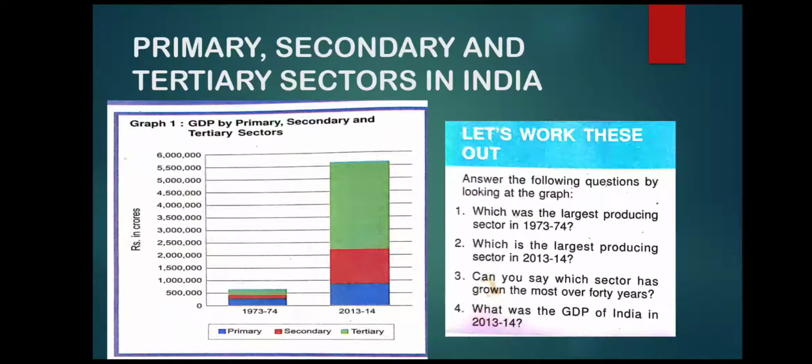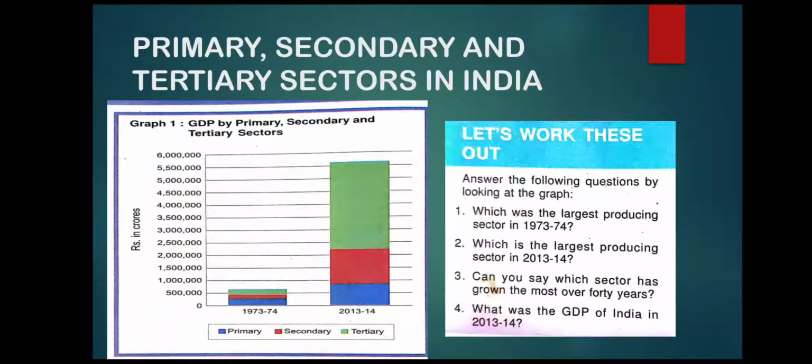So over here this graph 1 is showing the GDP over a period of time, and as we can see, primary sector is denoted by blue color, secondary sector is denoted by red and tertiary is denoted by green. So we can see over here that during 1973-74, primary sector was contributing more than the other sectors.